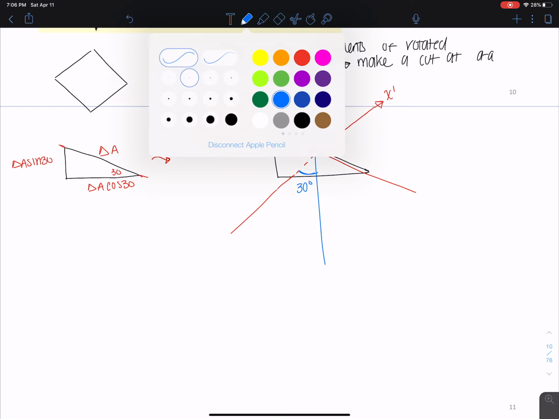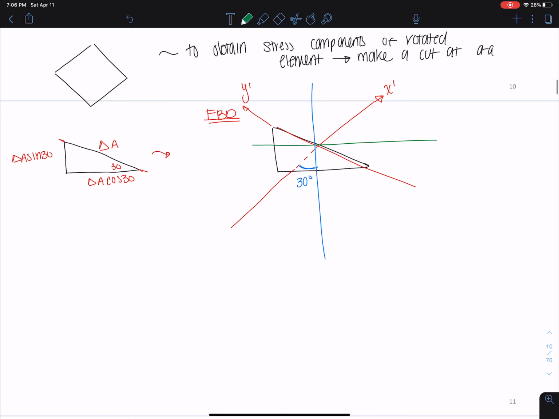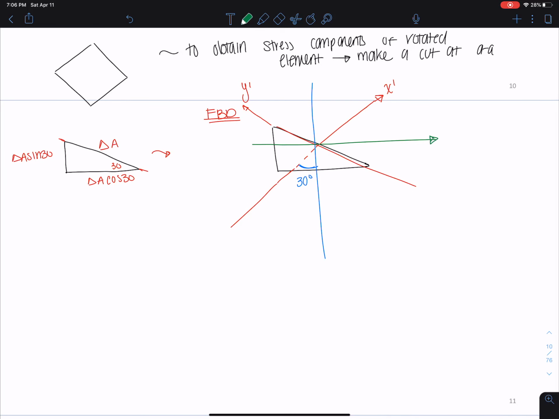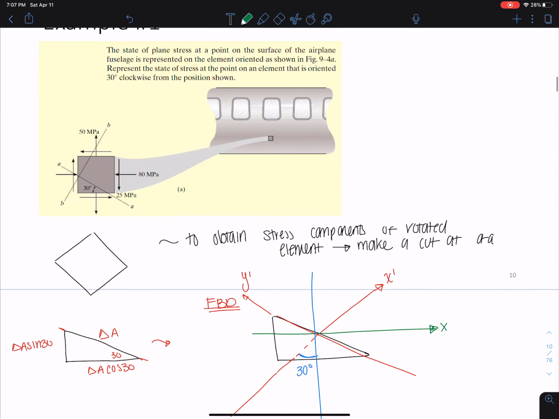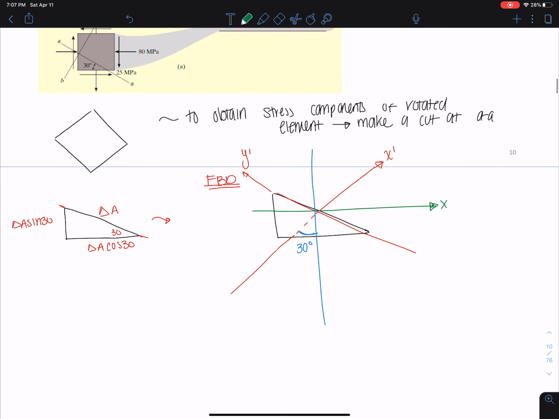And this was our original x-axis right here. Okay. So just to come back here, 30 degrees clockwise. So if it was 30 degrees clockwise, that means measuring counterclockwise, this would be 60 degrees, just so we're all clear about what's happening.